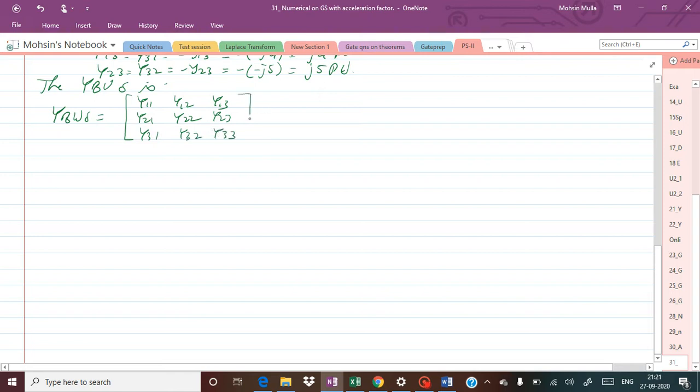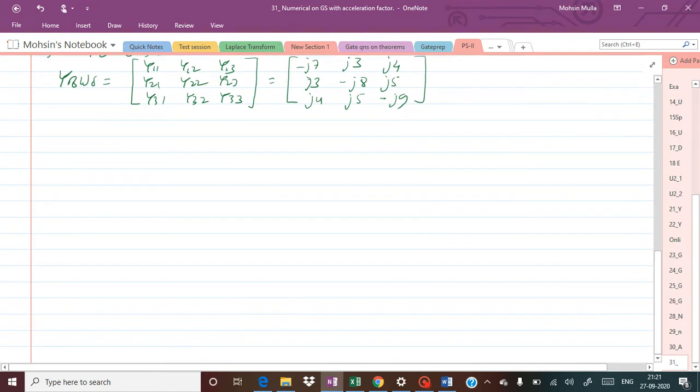Now substituting these values here: Y11 is minus J7, plus J3, plus J4, plus J3, minus J8, J5, then J4, J5, minus J9. Okay, so this is the Y bus. So the first part is clear.